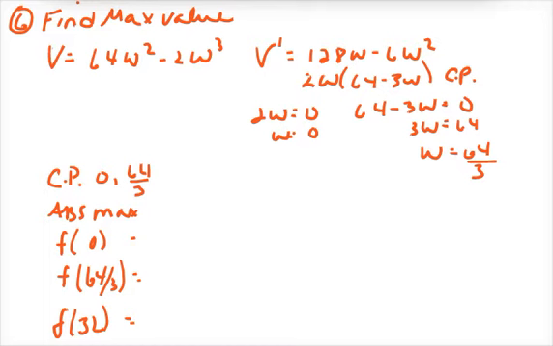And that's what we do to find the absolute max. We take the critical points and the endpoints and we put them back into the original function, and when we evaluate this at each of these 3 points, we find the absolute max is at 64 thirds.